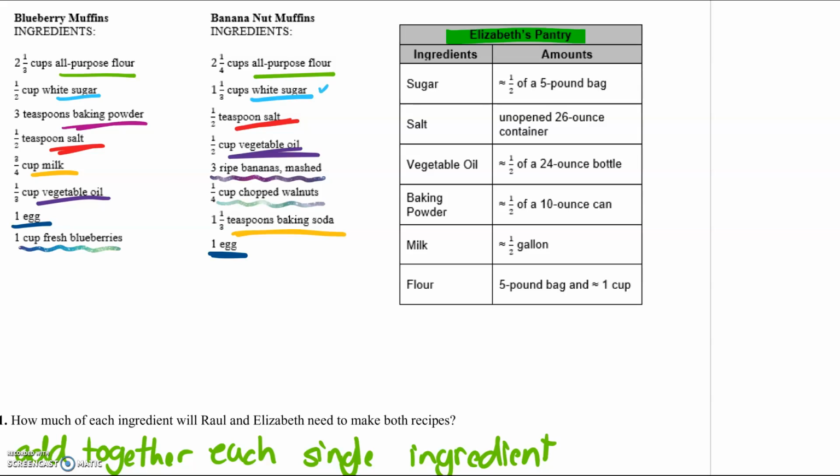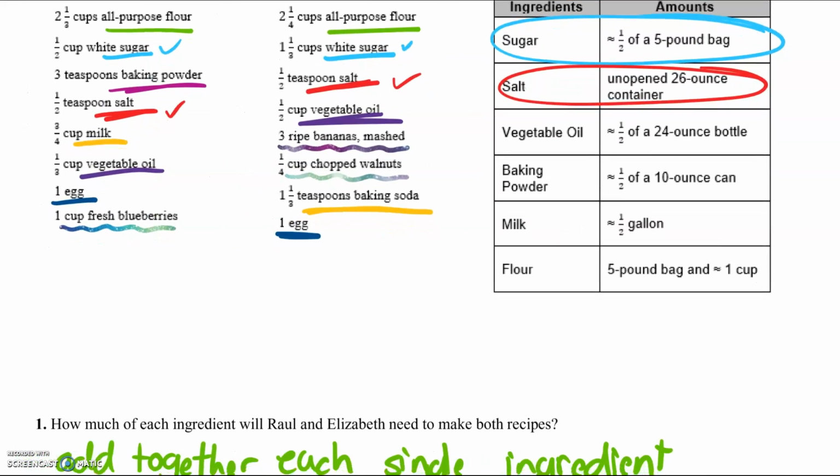We added up our sugar, hopefully in step 1, so we want to know, do we have enough? Then we have salt, same thing, we added up our salts. Do we have enough salt? In this step, you're comparing ounces, pounds, with cups, teaspoons, that kind of thing. So if you need help with that comparison, that's what Miss Davies is here for, okay?